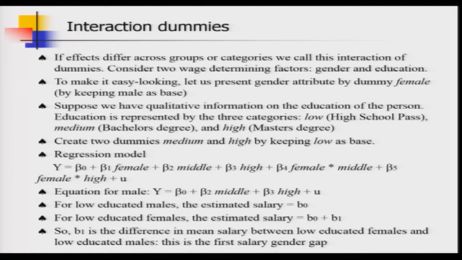So you can talk about several gender gap numbers, and this is in contrast to the first story where we had only one delta naught, which is basically the case of only intercept change in terms of gender. So, this model that I presented here is pretty general in nature, and I leave it up to you to explore the other possible gender gap cases.